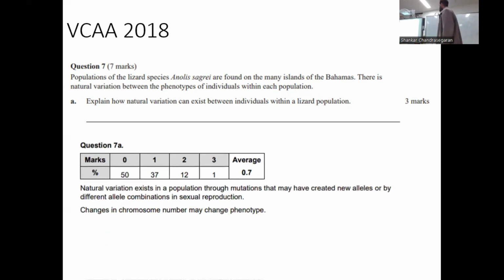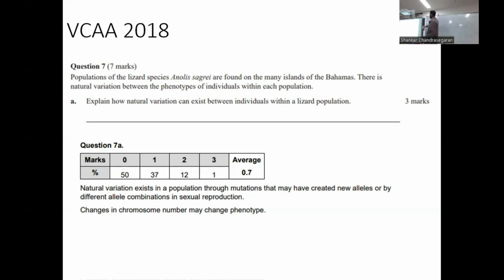So when you're thinking about what is causing that natural variation, you can always go back to the fact that their genotypes are such that they have created different allele combinations through sexual reproduction, thus allowing them to have natural variation. Another one is the first method of allele frequency change, which is mutation.